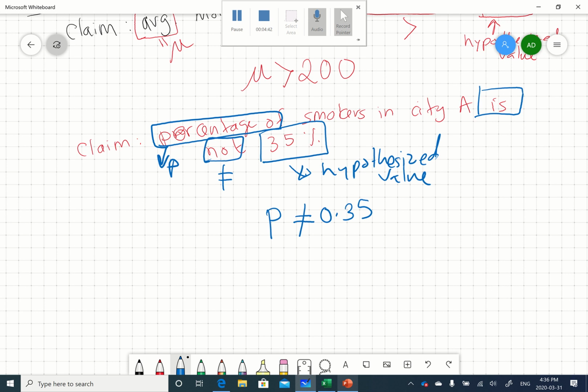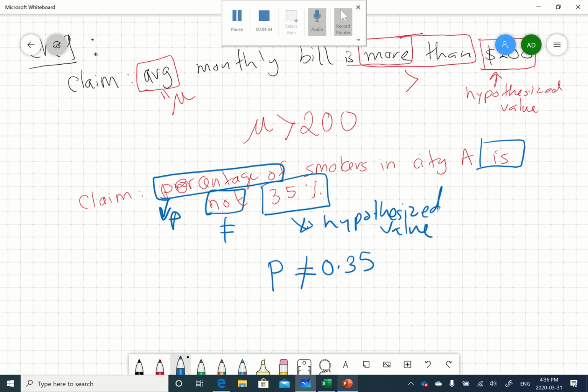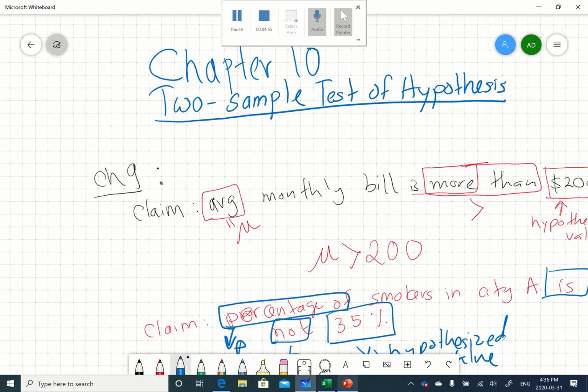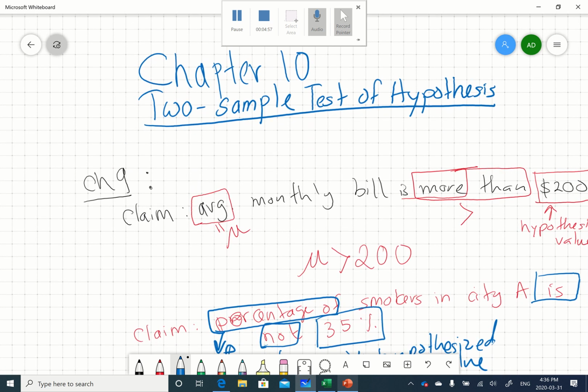In both cases, we were comparing a parameter to a hypothesized value. In chapter 10, rather than comparing a parameter to a hypothetical numerical value, we will be comparing two populations, two groups, men versus women.